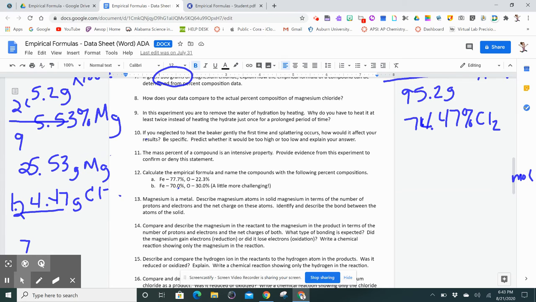Magnesium is a metal. Describe the metal atoms in terms of the number of protons and electrons, and identify and describe the bond between the atoms of the solid. So again, we're talking about bonding with those. As far as describing the magnesium atom, remember that the atomic number on a periodic table is the number of protons, which is also the number of electrons for a neutral atom.